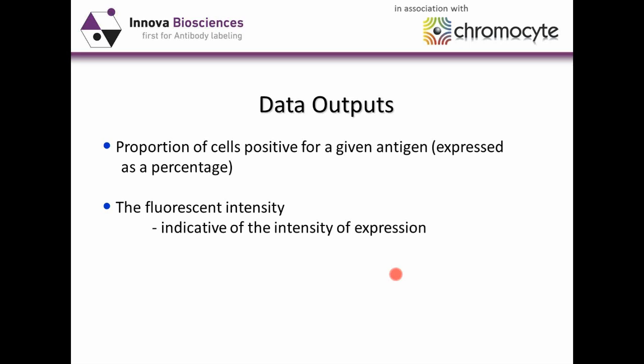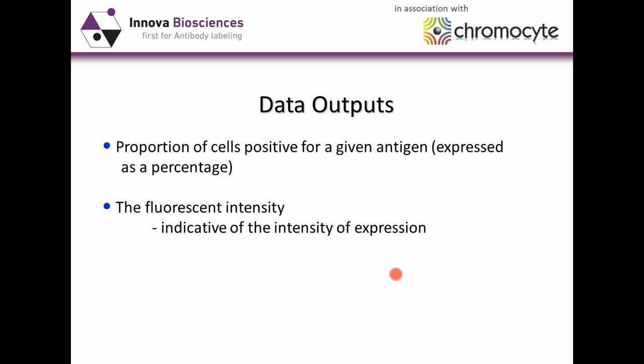Now, in many instances, if you're just looking for the proportion of CD4 cells or CD8 cells in a mixed population, then this parameter would be fine. In some instances, it's also important to look at the fluorescent intensity, because you may be wanting to know, if we go back to our experiments when we were looking at CD69 expression, what we wanted to know was whether a particular molecule is having an influence on the capacity of cells to be activated.